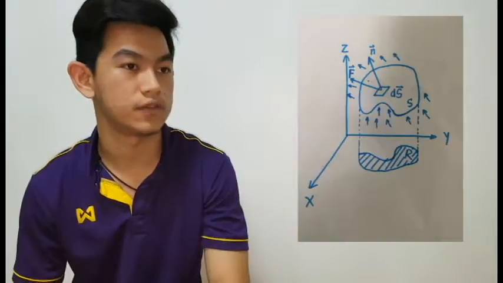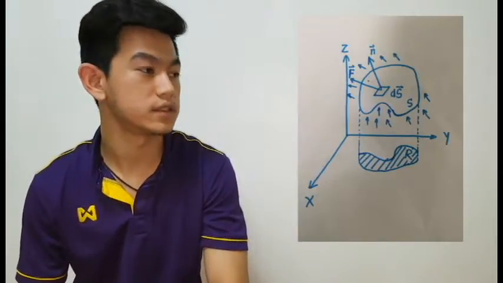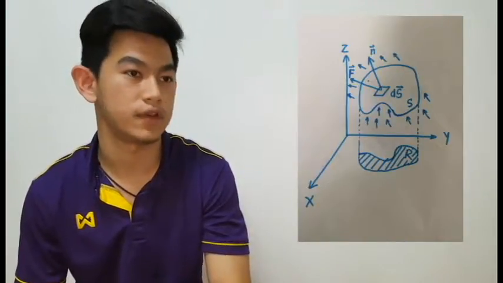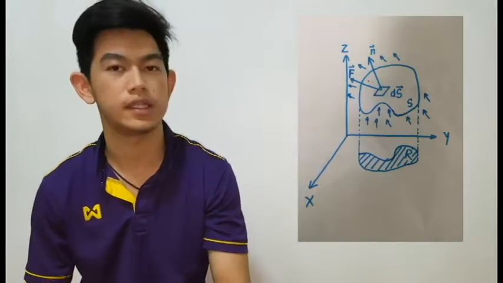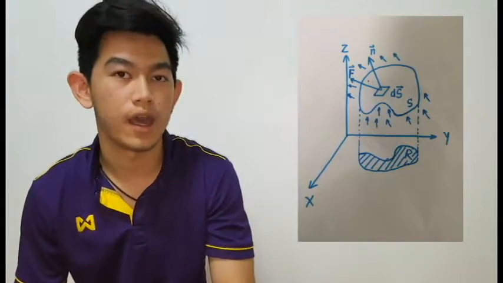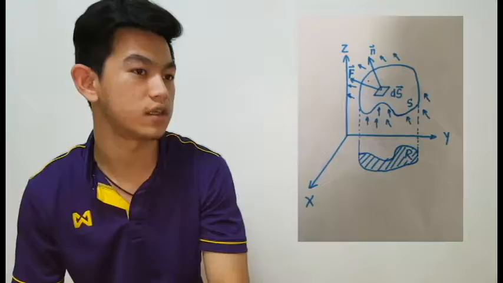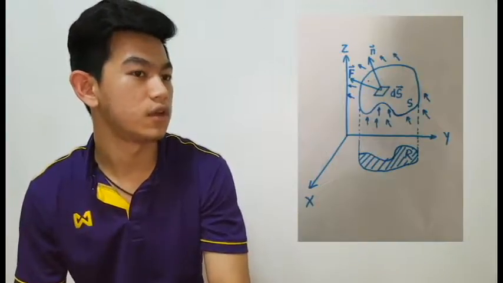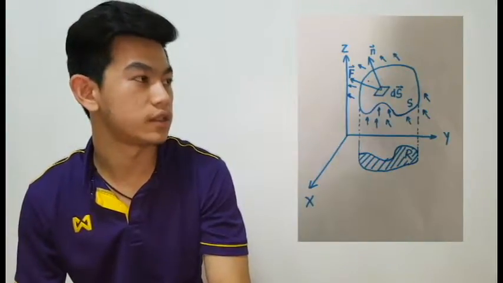The double integral over the surface of F dot dS equals the double integral over the surface of F dot n dS. We call this the surface integral, the flux of the vector field on the surface.